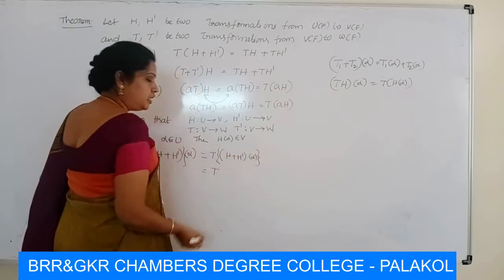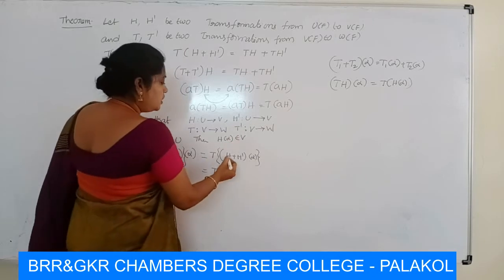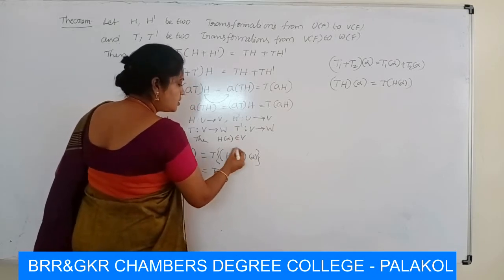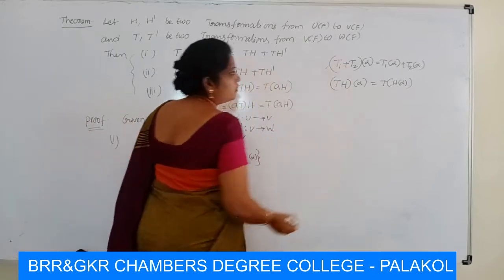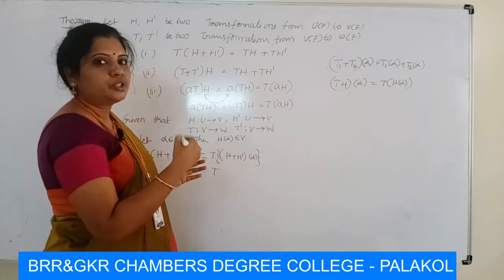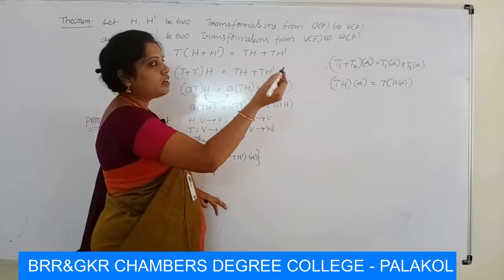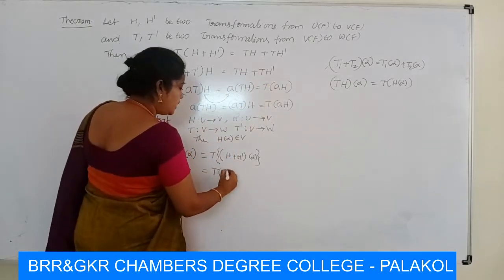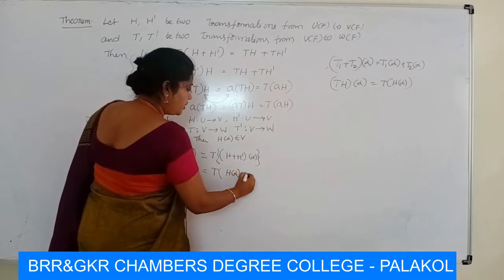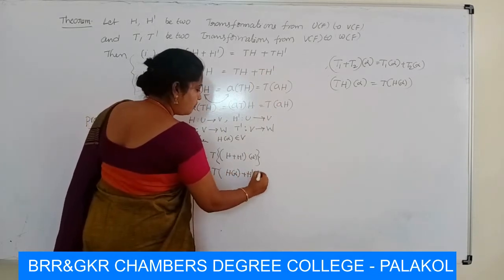Again, here H plus H dash is the sum of the transformations. Now apply the definition: sum of the transformations, T1 plus T2 of alpha is T1 of alpha plus T2 of alpha. So this can also be written as H of alpha plus H dash of alpha.